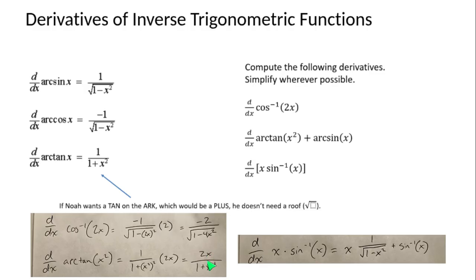Simplifying, I would get 2x over 1 plus x to the fourth. Now that derivative of inverse sine, it's just that. So you would just add this to the end to get the correct answer, unlike me.